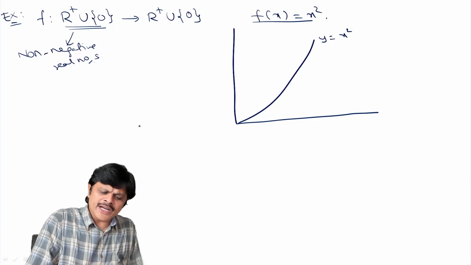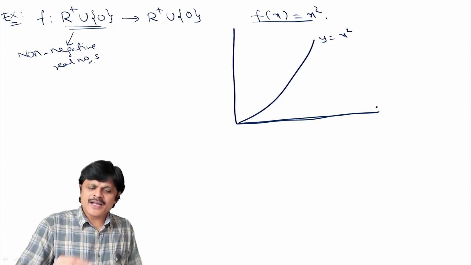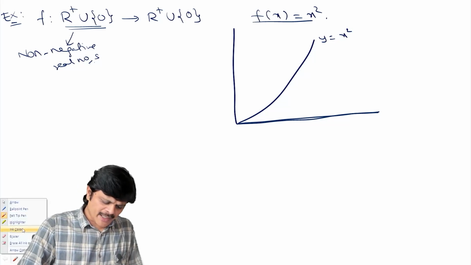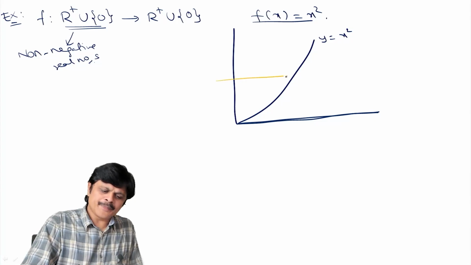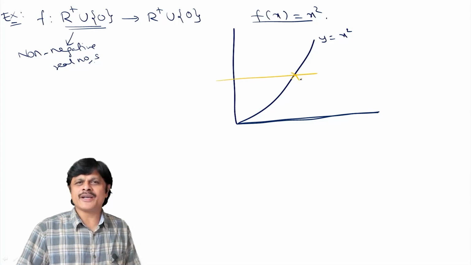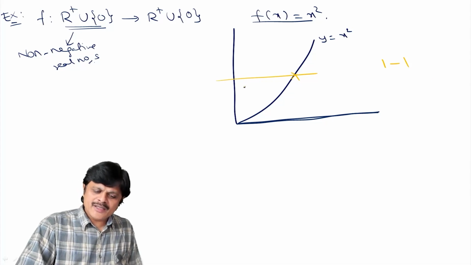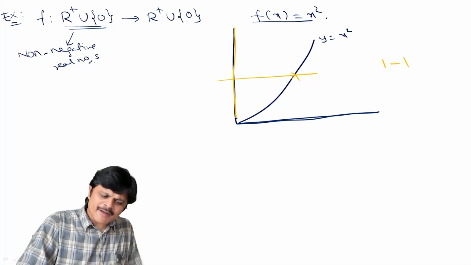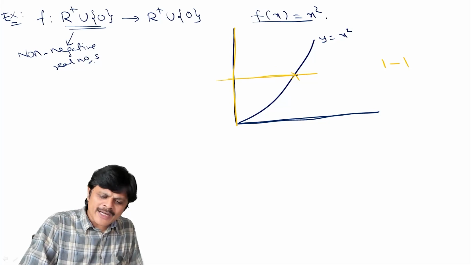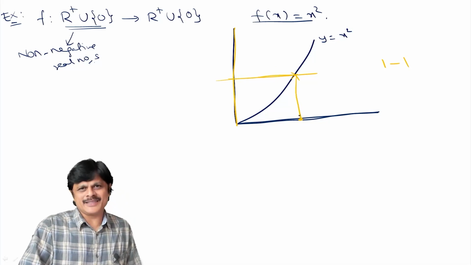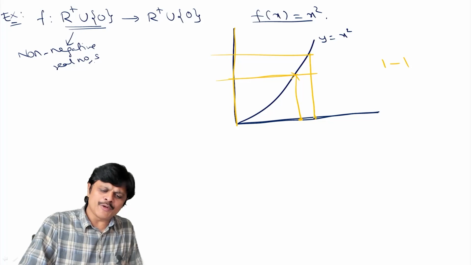There are no negative values, because your domain starts from here. We need to consider only this much of the graph. Now this function is 1-1. If you drop a horizontal line anywhere, it will cut the graph at only 1 point. It is also onto, because for every codomain value I am able to find a corresponding pre-image, like this. So it is onto also.